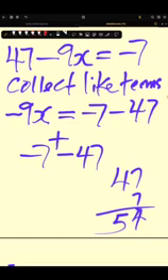But we need to note that the 47 and the 7 are both negative. When we add two negative numbers together, our answer will be all negative.